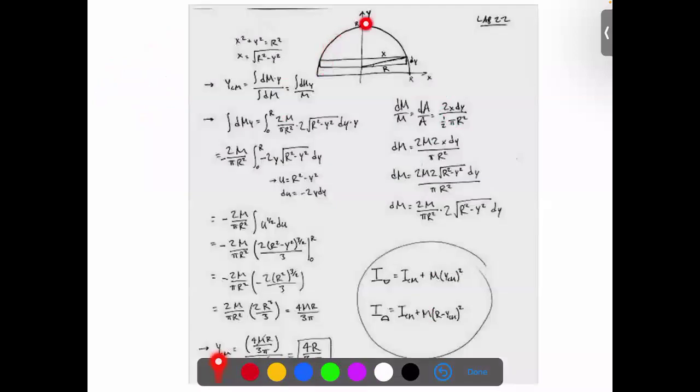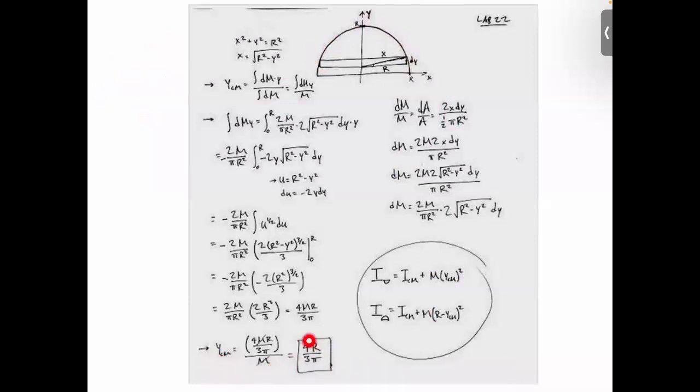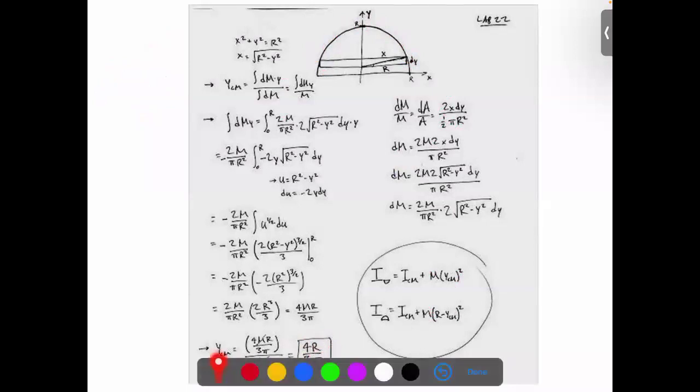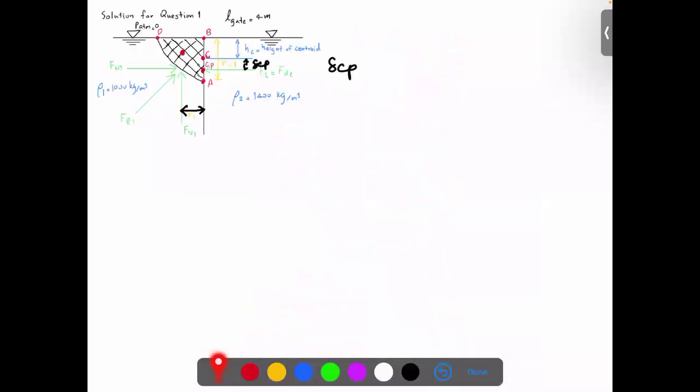Especially for a semicircular shape, the distance is 4r over 3 pi. So it is basically this one, x1, 4r over 3 pi. That we know from the theory, so nothing new actually. For delta CP we have another formula, which we will use when we calculate that distance.